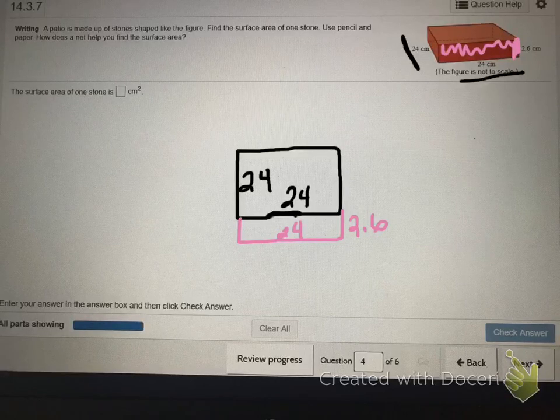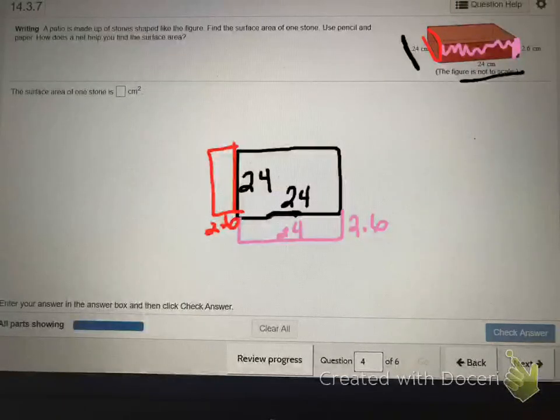Okay. Then next I'm going to draw this side here, so that looks like this. We've got this line here is 24 and this is 2.6 as well.